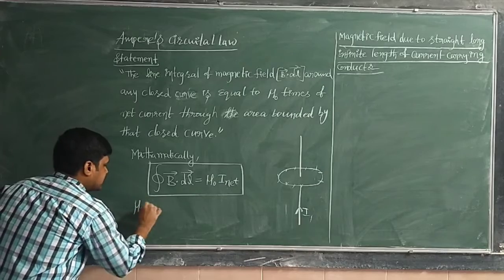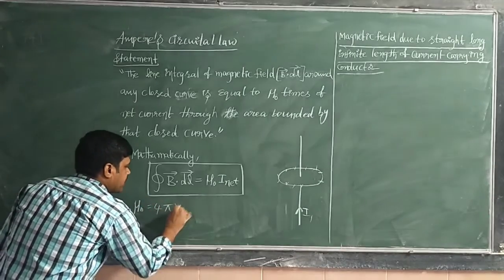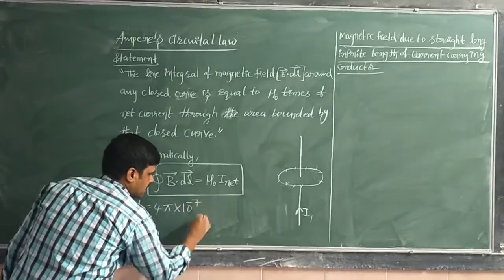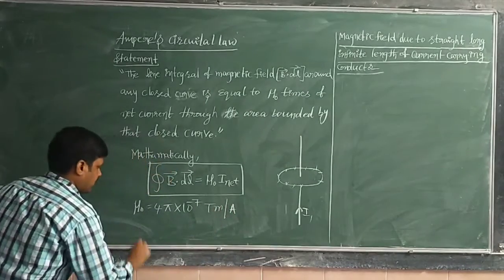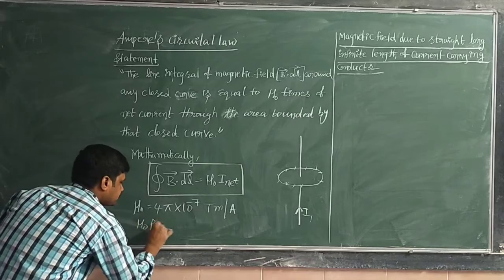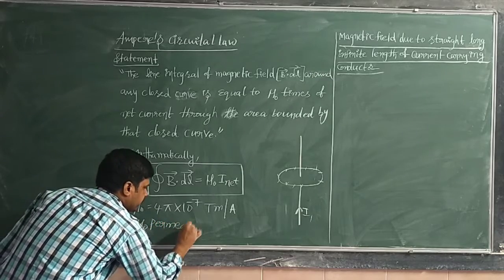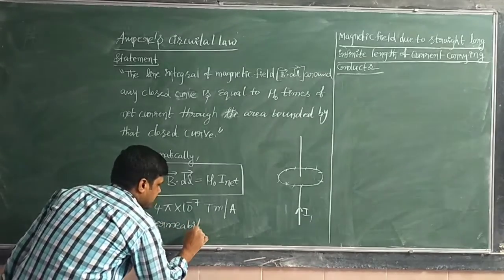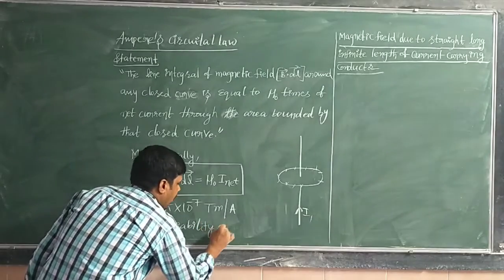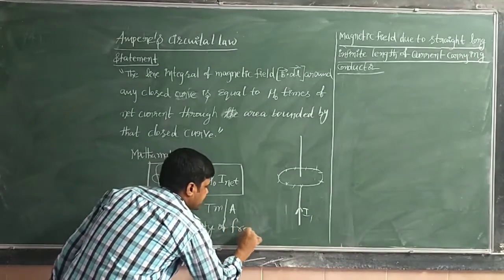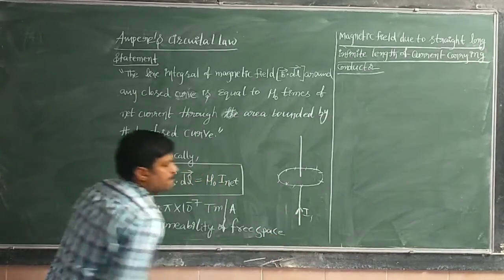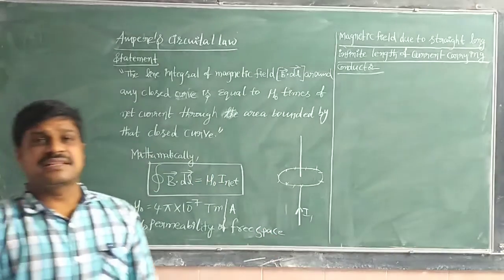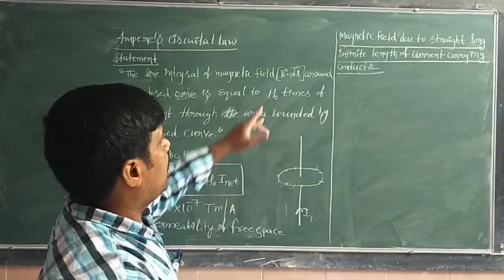Where mu naught is equal to 4 pi into 10 power minus 7 Tesla meter per ampere. Mu naught is the permeability of free space.